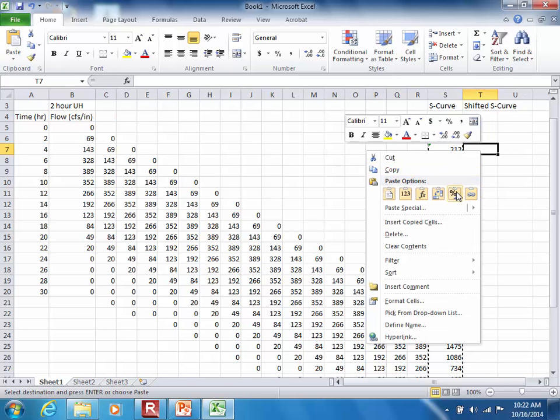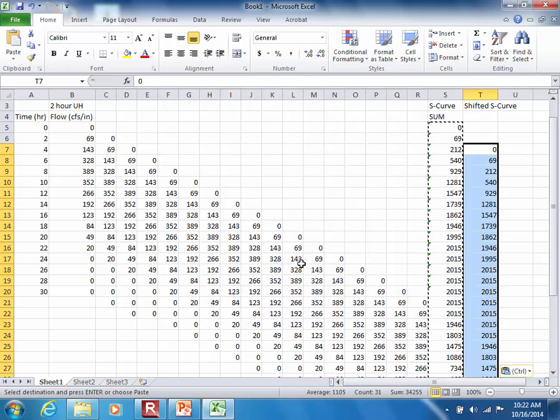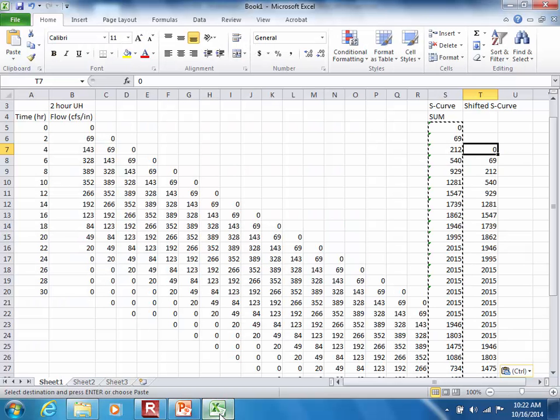All right, paste special. I want it to paste the values. So it's the same numbers as before, but it's lagged by 4 hours, which, if you look at the procedure, says shift the curve by T prime R. So now this is the shifted, or lagged, S-curve.